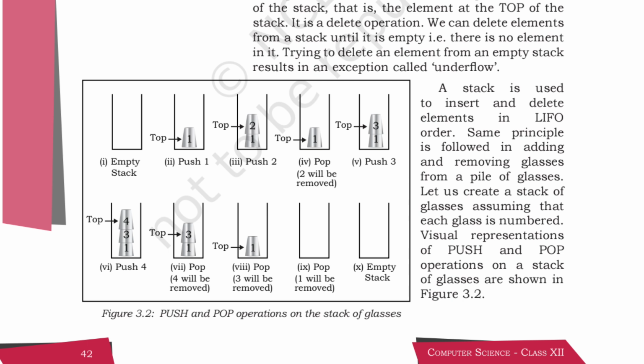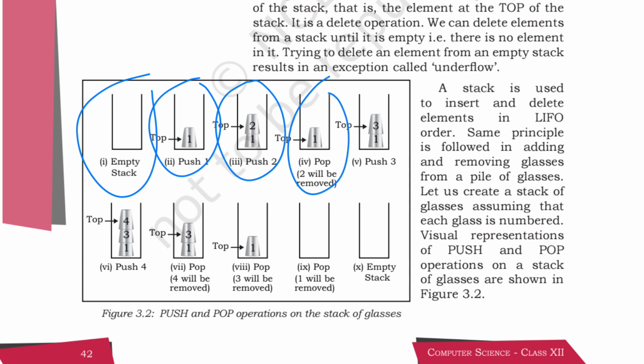Here is the diagram of push and pop operations. You can see here, firstly it is an empty stack. Then we are pushing something, then again pushing something, then popping something, then again pushing, pushing, and popping. You can see here 4 is pushed, and then 4 will be popped.